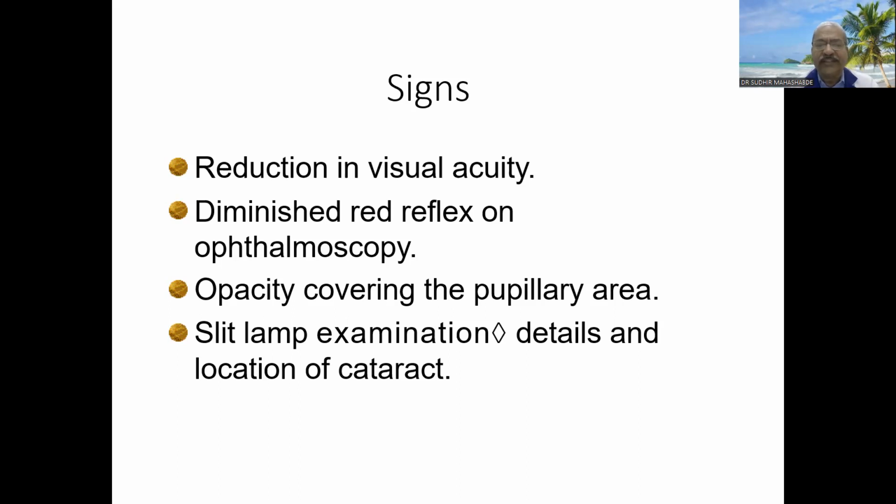If we examine a patient even with a torchlight in a mid-illuminated room, where the pupil remains relatively dilated, you will be able to see a whitish reflex in the pupillary area, and that is a very common sign of having cataract.